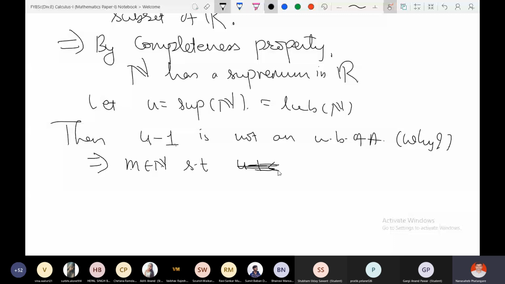So there exists an element m of the set N such that, what should I write now? m is greater than u minus 1. Right, so u minus 1 is less than m. And remember that m is a natural number, so that u is less than m plus 1.